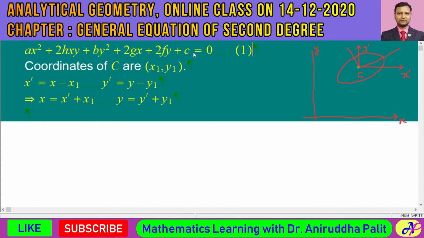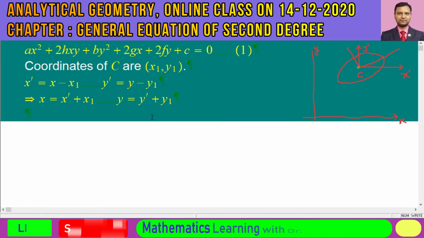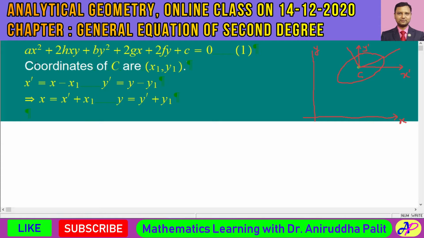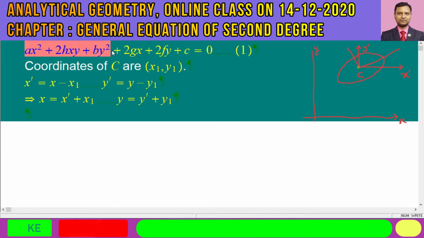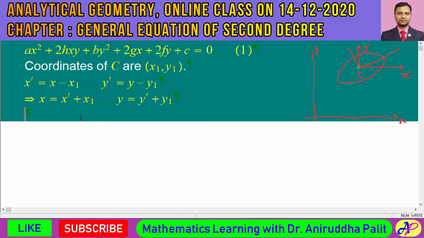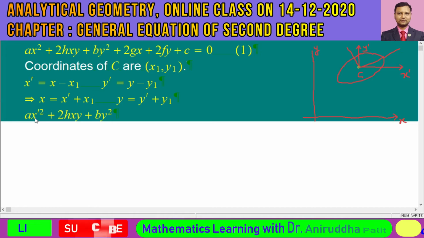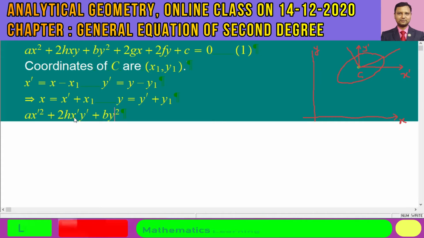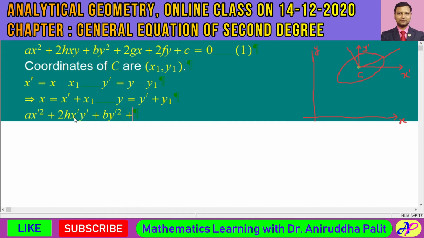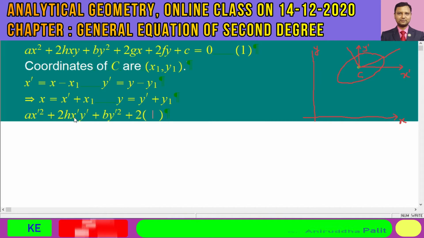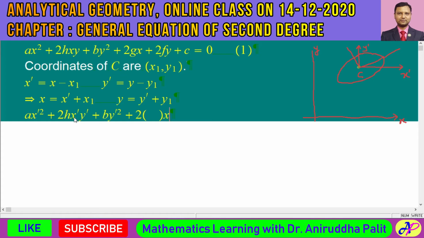then after manipulation we have this kind of expression. In place of x we shall have x prime, then y prime would be there, plus 2 into the coefficient of x prime.